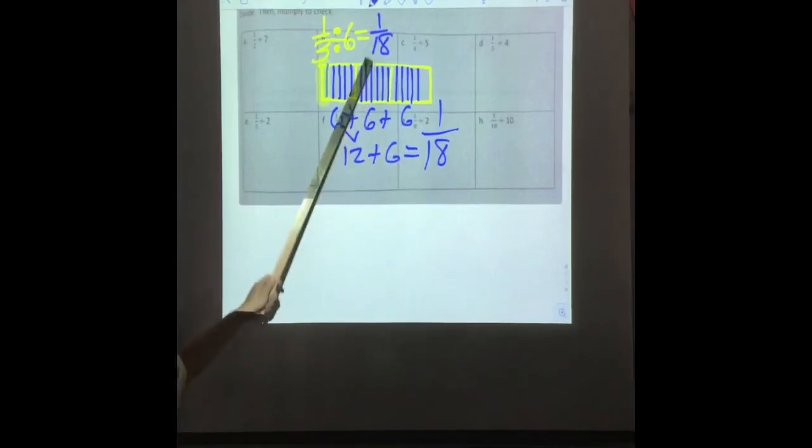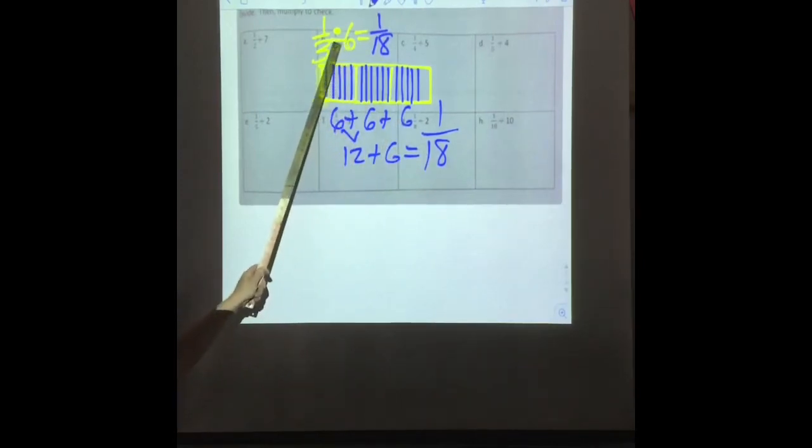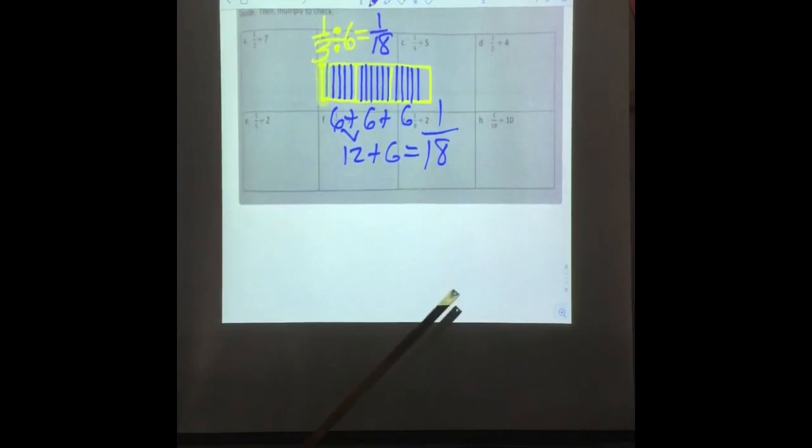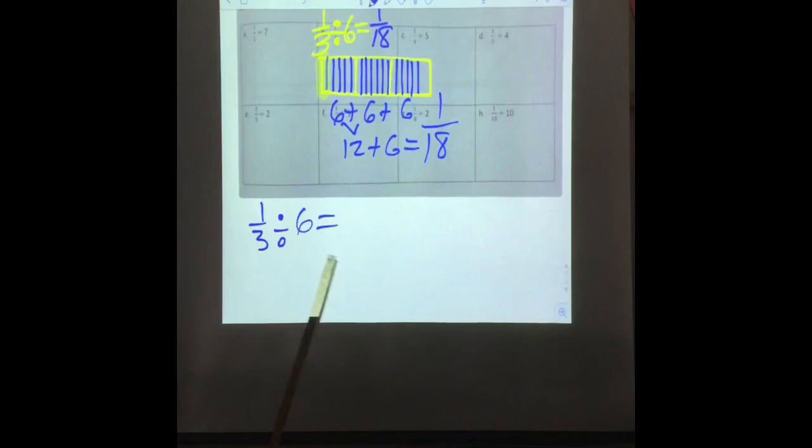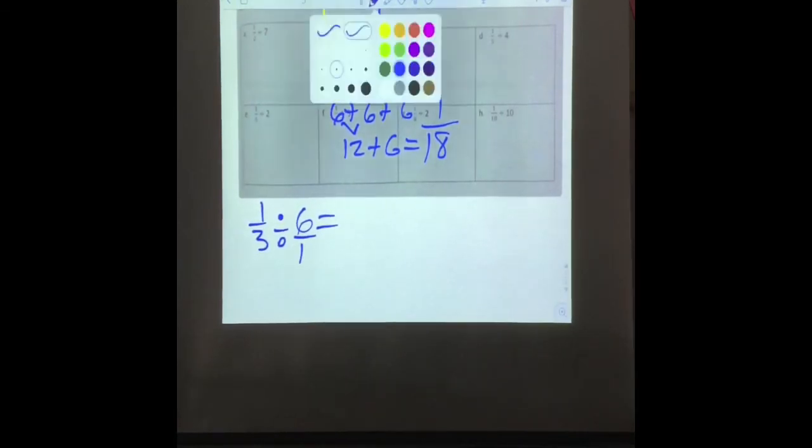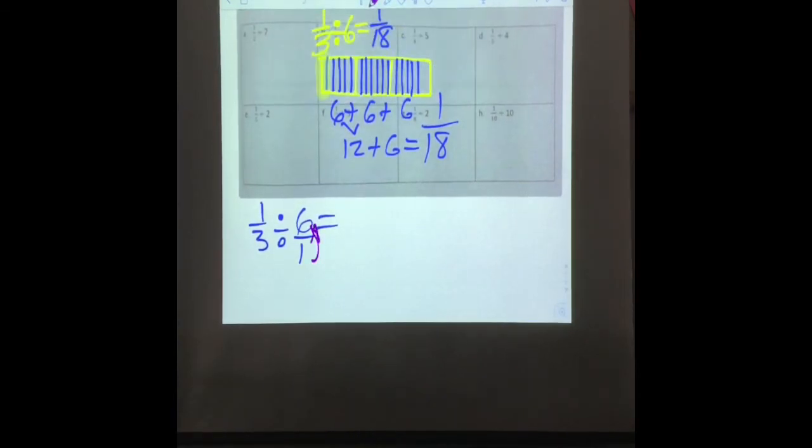Now let's see if we're correct in this by doing our algorithm. So let's put our 1/3 divided by 6 here. What are we going to do? We're going to turn this into a fraction, put a 1 under there. Then we're going to flip it over, so we have a 1/6.